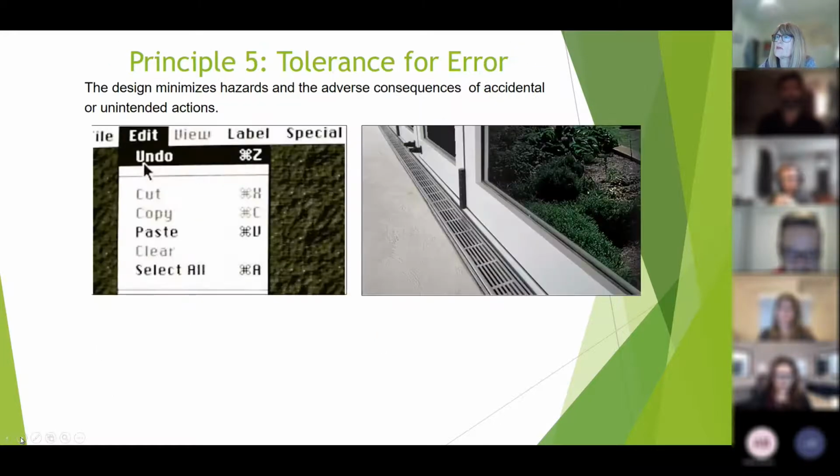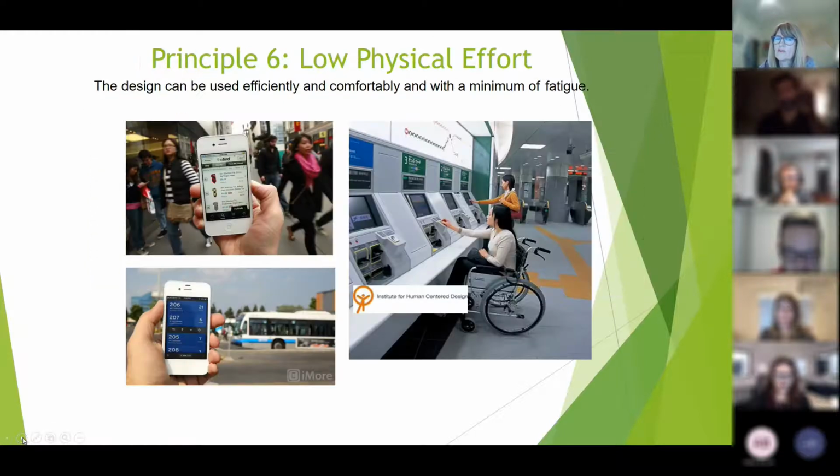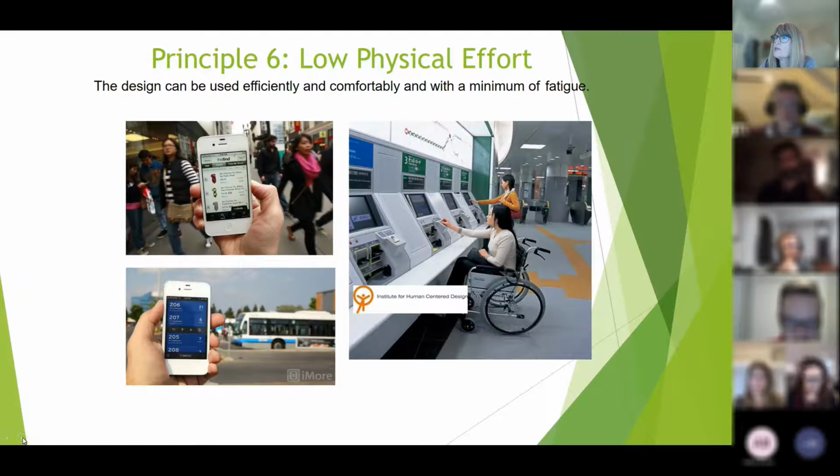And then the tolerance for error. Every design has errors, and one needs to understand that. One can go back and redesign it and listen, keep your ears and eyes open and make changes as they come. And then low physical effort.